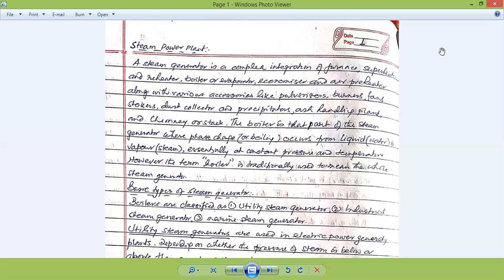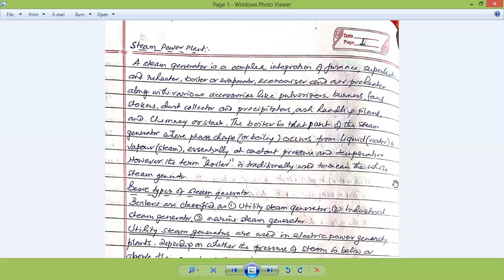However, the term boiler is traditionally used to call the whole steam generation unit, which contains so many parts, but we generally refer to it as the boiler or steam generator itself.